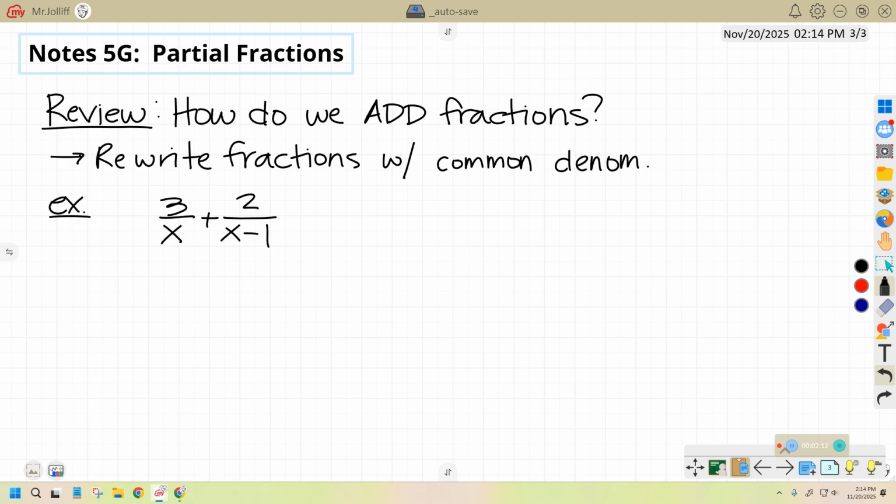Same idea with algebra. I'm going to multiply the first fraction, top and bottom, by the second denominator, x minus 1, x minus 1. I'm going to multiply the second fraction, top and bottom, by the first denominator.